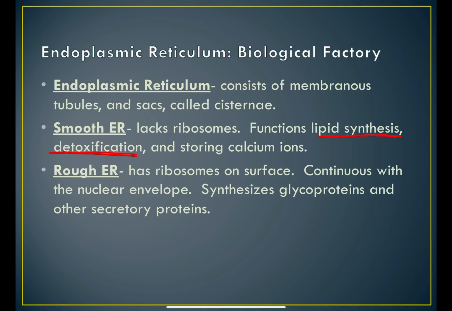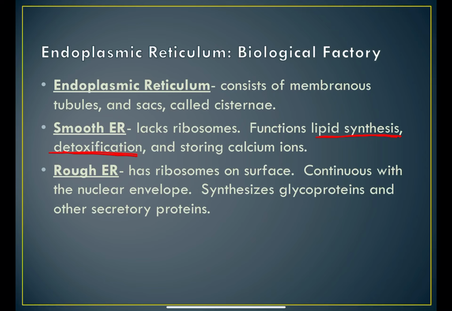So one thing I want you to understand about organelles and cells is there's different cell types, and different cells have more and less of different things. So, for example, which organ in our body does detoxification? Does anybody know? You should say the liver, okay?